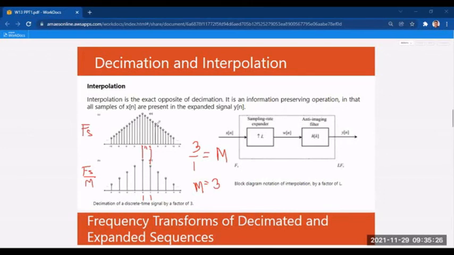So we divided the sampling rate of the original discrete time signal by 3. So that is decimation. We lower down the sampling rate of our signal.